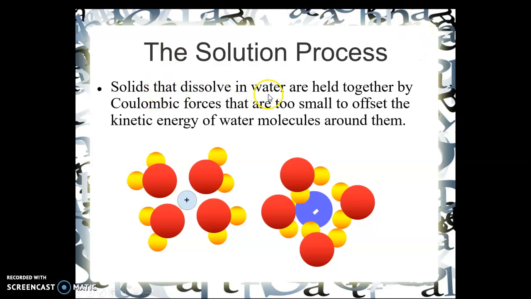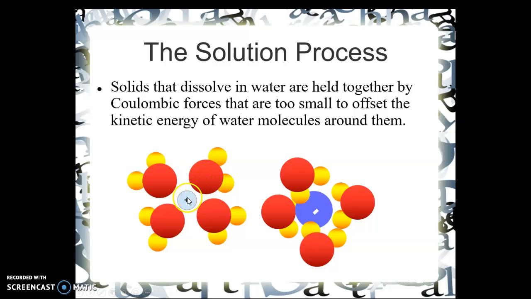Solids that dissolve in water are held together by Coulombic forces that are too small to offset the kinetic energy of the water molecules around them. So, when, for instance, potassium nitrate is stirred into water, the water immediately is attracted.